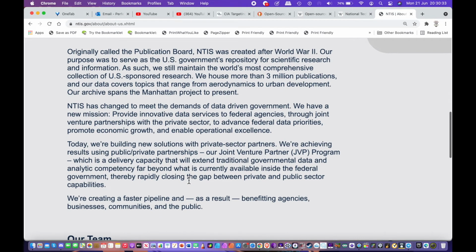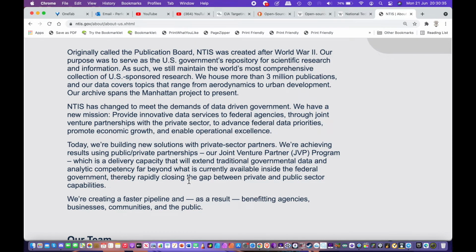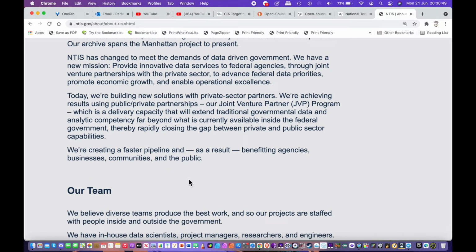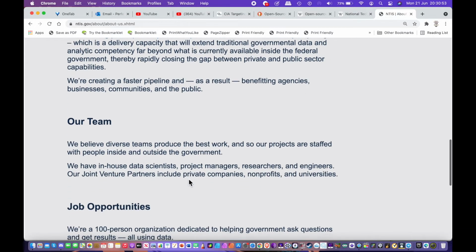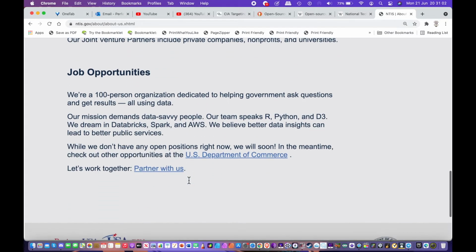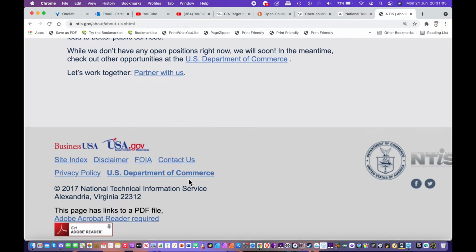Whoa. Data-driven government. The new mission: provide data services to federal agencies through joint venture. We're achieving results. We have in-house data scientists, project managers, researchers, and such.